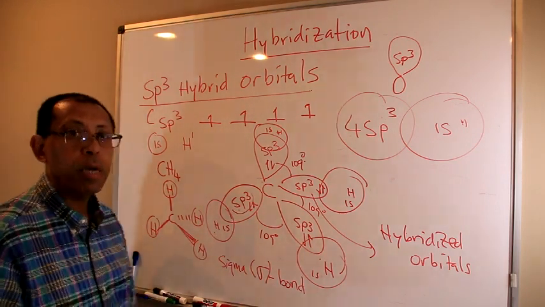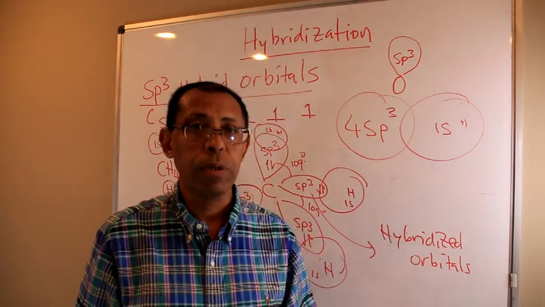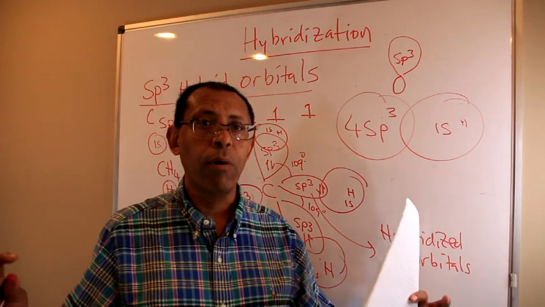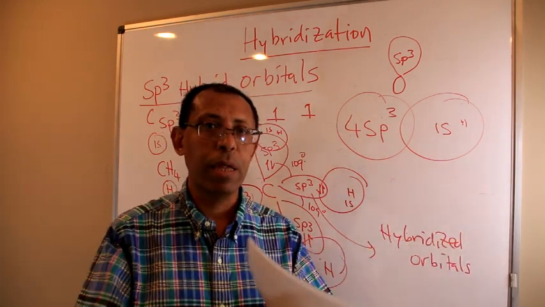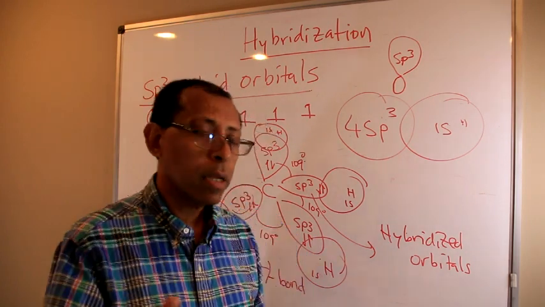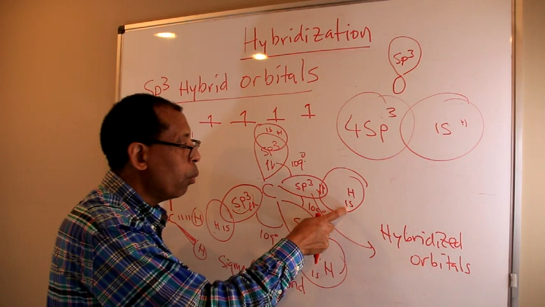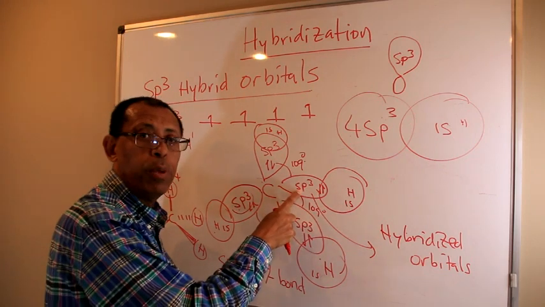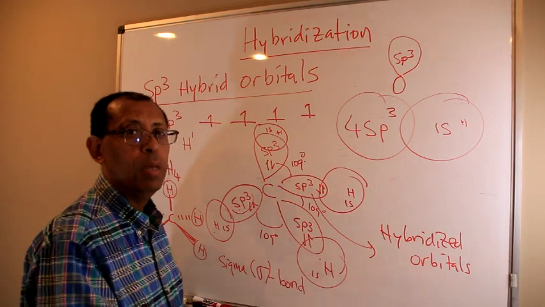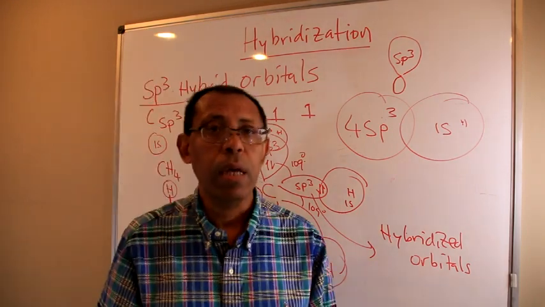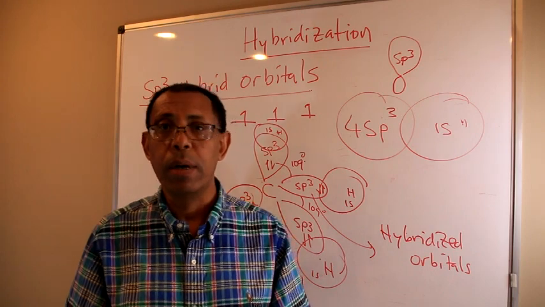So a sigma bond is made either, like in the hydrogen molecule, by an overlap of an s orbital with another s orbital. Another sigma bond is an overlap of 1s with a hybridized sp3, which is always a sigma bond, always. So don't make any mistake in assigning what kind of bond it is.